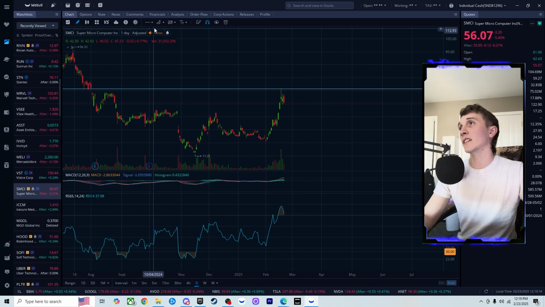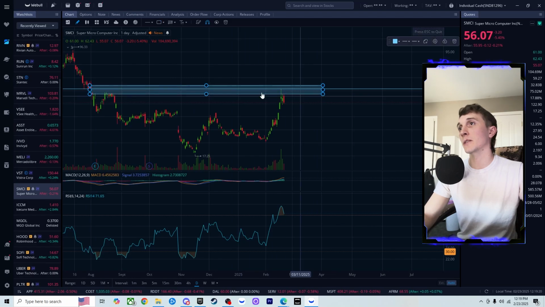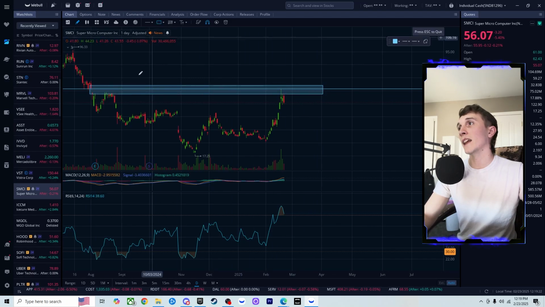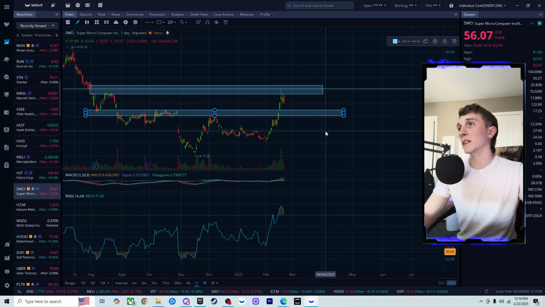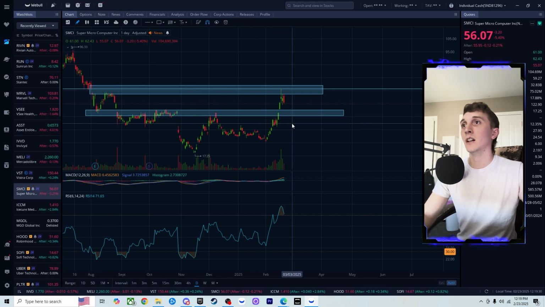Now that we crossed over certain areas, like we were talking about with the supply here, we may see this area turn into a bit of a demand zone. So the pullback is going to most likely be brief.